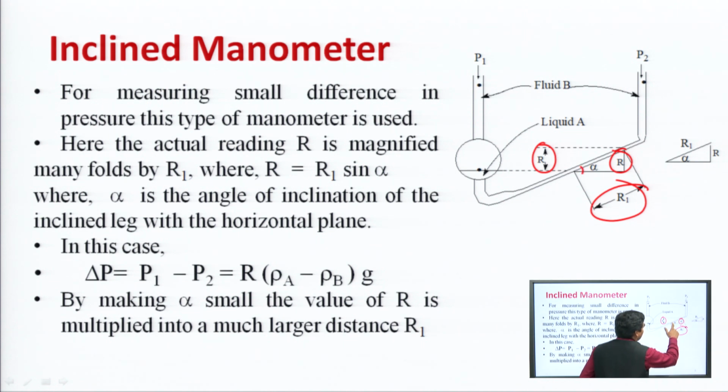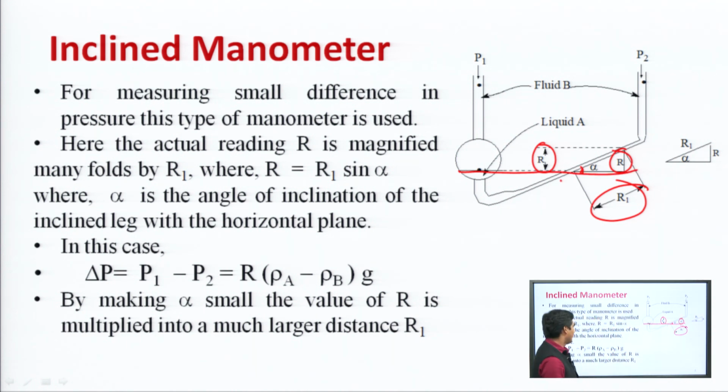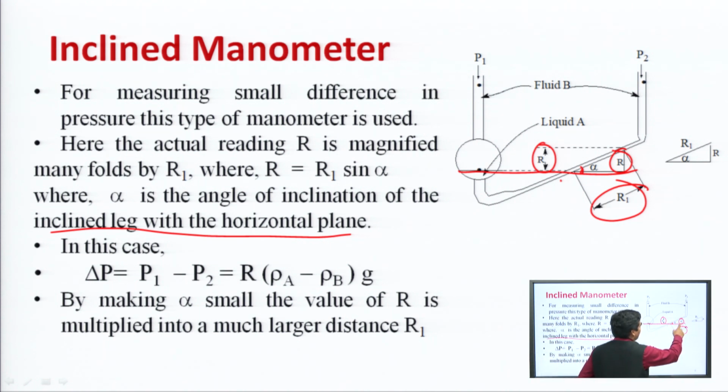Here an angle is formed by this horizontal datum plane with this inclination. This angle is called the angle of inclination of the inclined leg with the horizontal plane. So, this is alpha, and from this we will determine the value of R, that is sin alpha is equal to R by R 1, perpendicular by hypotenuse.